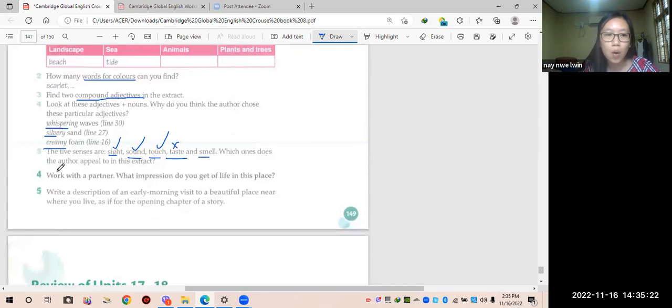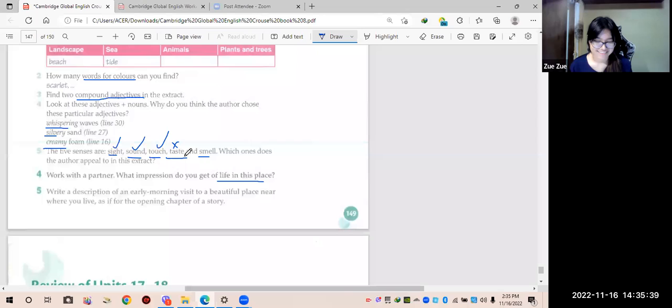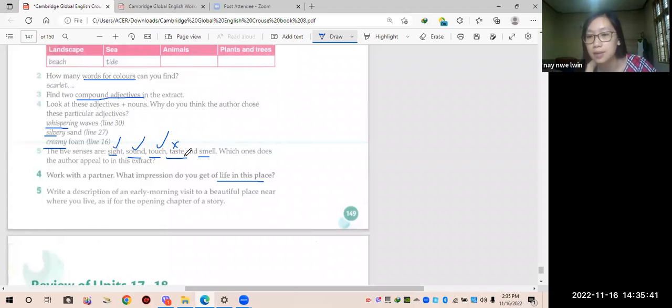Work with a partner: what impression do you get of life in this place? If you had a chance to live there, how would you feel? What would be your impression of that place? A peaceful place. Yes, it's a peaceful place.